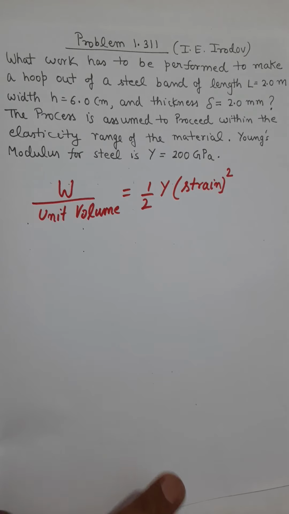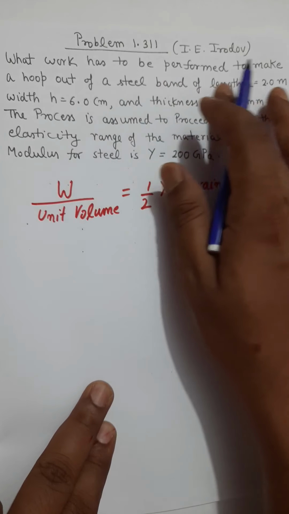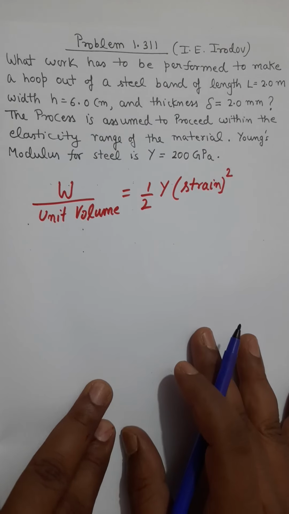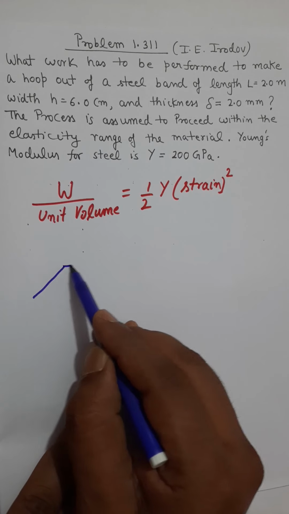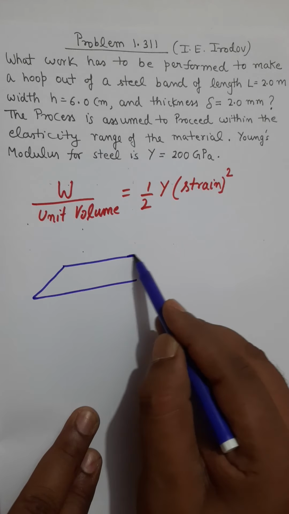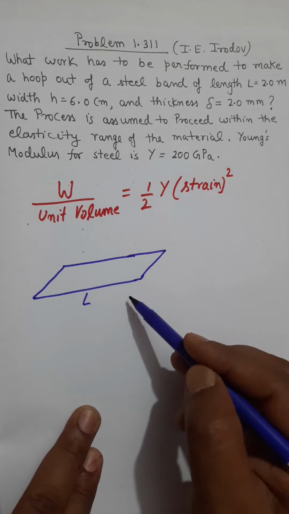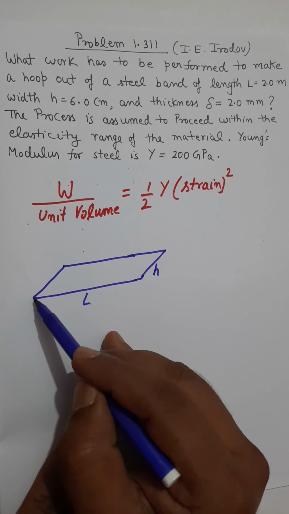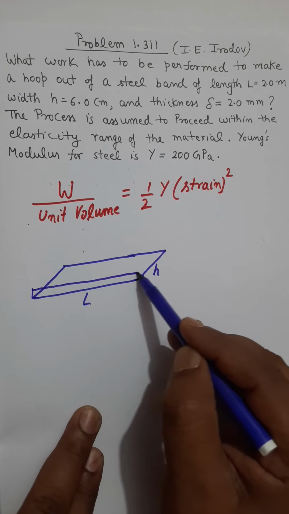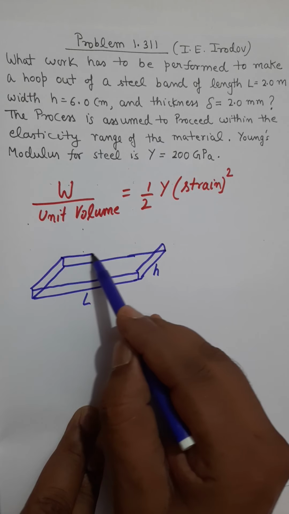In this particular question, we have a steel band of given dimensions. That means you have a band like this. You have a rectangular band of length L. This is H, and it has a certain thickness also. This band has a certain thickness that is given as delta.